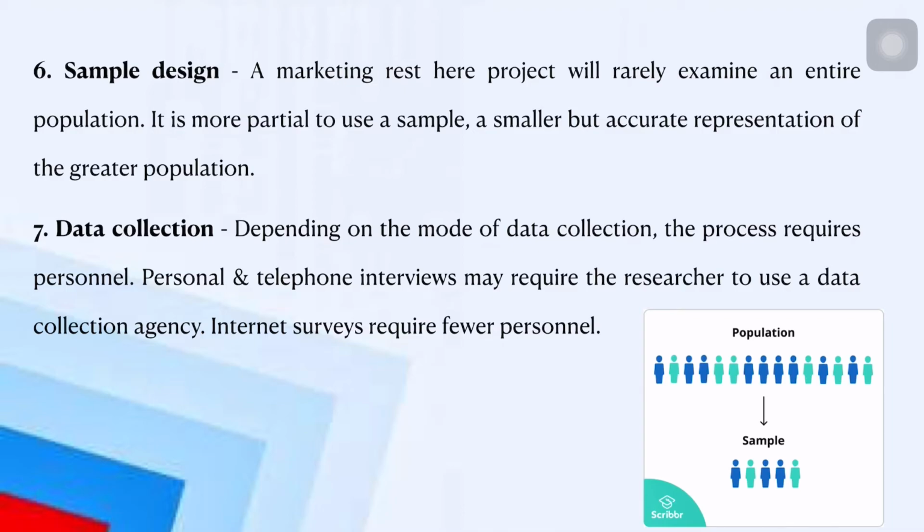Because you are interviewing people on telephone or you're interviewing people face to face, right? You need a larger number of people to get the job done. Or let's say another option, you're doing it through internet service, right? Where you have Google Forms, right? You type out your questionnaire, share the link, and ask people to fill it in. So then comparatively you need a lesser labor force to complete the data collection.